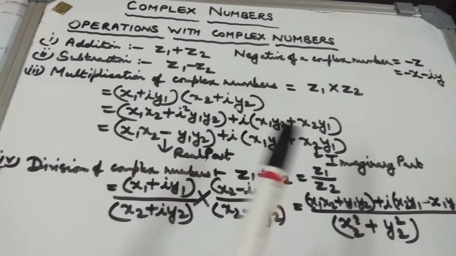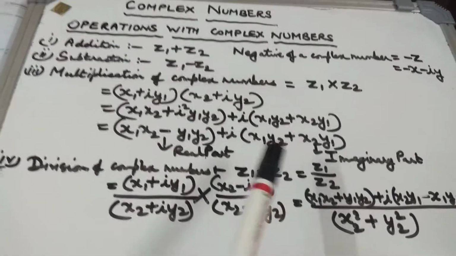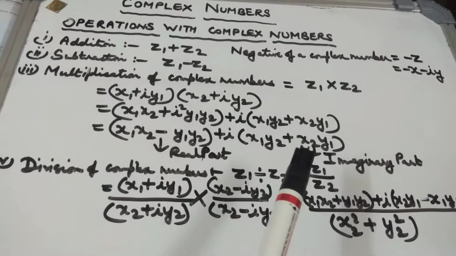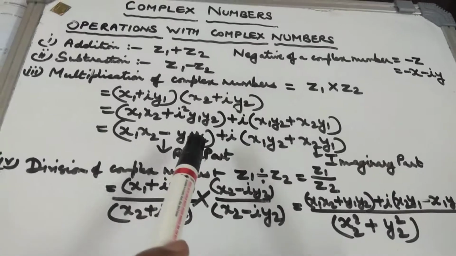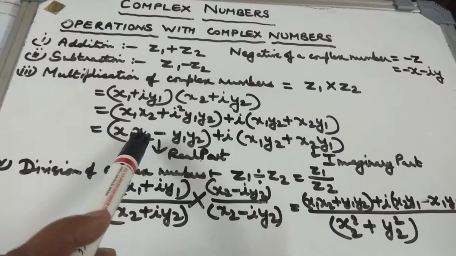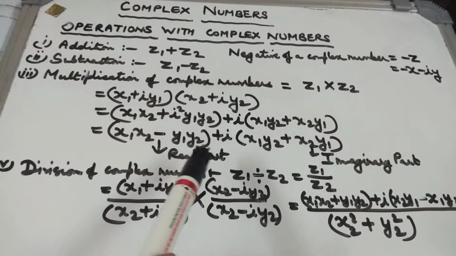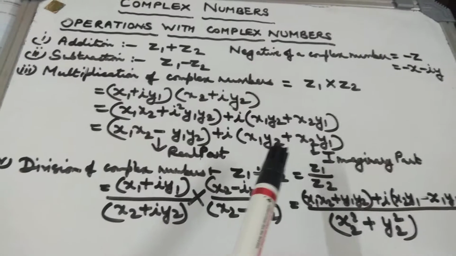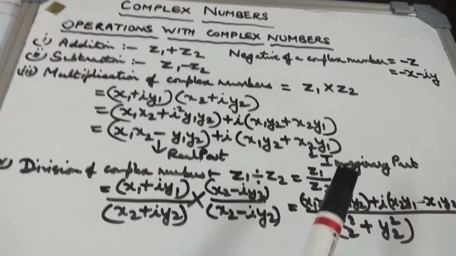So every term is to be multiplied, hence you will be getting in all four terms, and two terms are to be combined as imaginary and two terms become the real part.